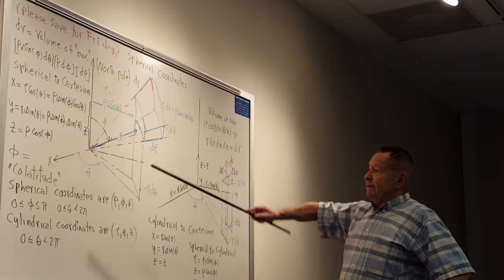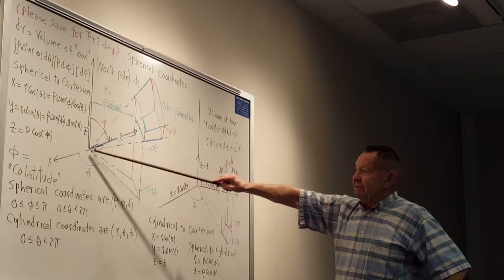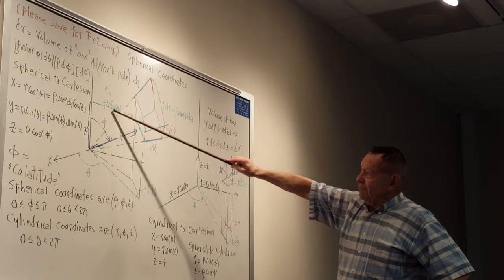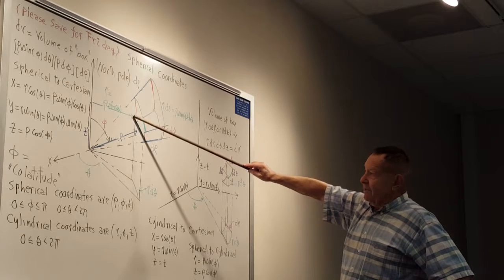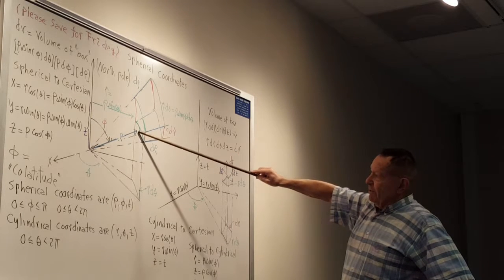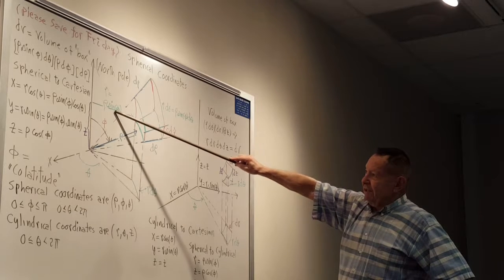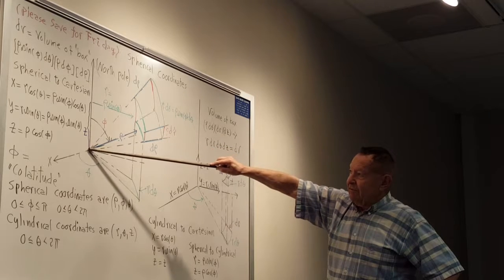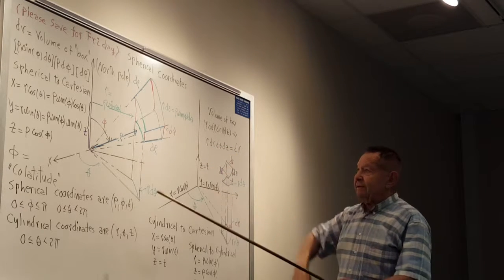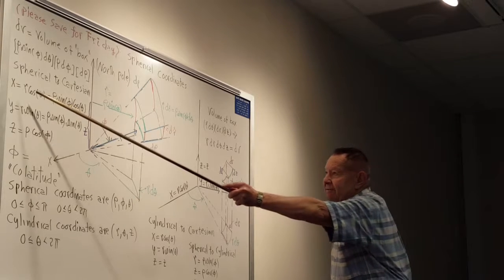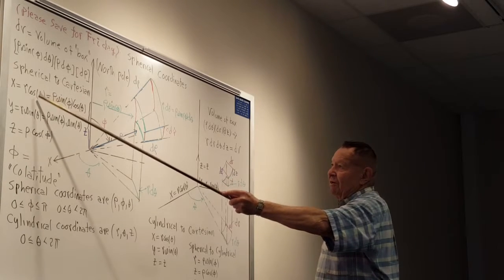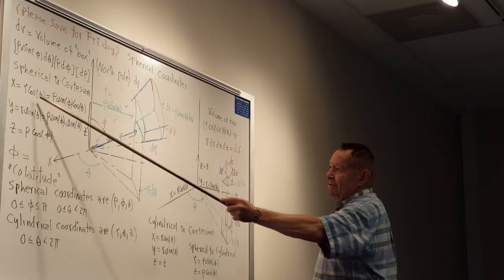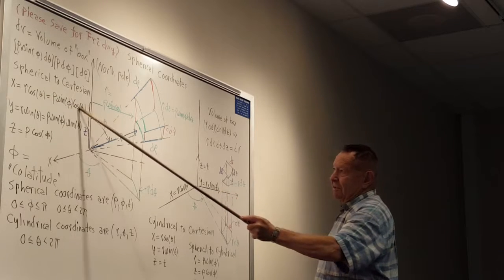And so then opposite the phi, rho sine phi would be this side of a right triangle, where the rho is the hypotenuse, and you have rho sine phi, and then the z coming up this way would be rho cosine phi. So we get x, which is r cosine theta, where r is rho sine phi, so you have rho sine phi cosine theta.